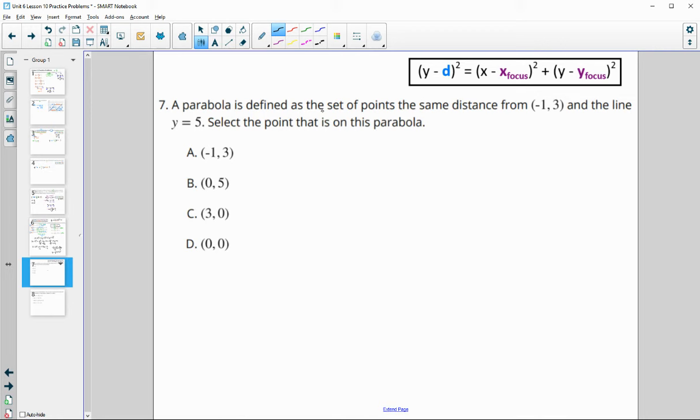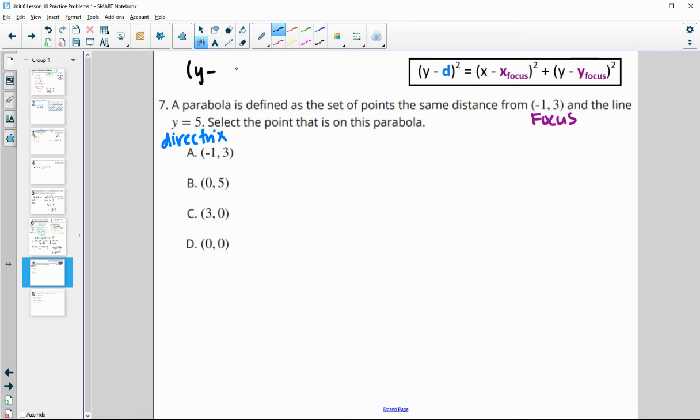Okay, in this one it says a parabola is defined by the set of points the same distance from a point and a line. So the point being the focus and the line being the directrix. So you could write the equation here just to be plugging it in. And so here's the equation that we can use.